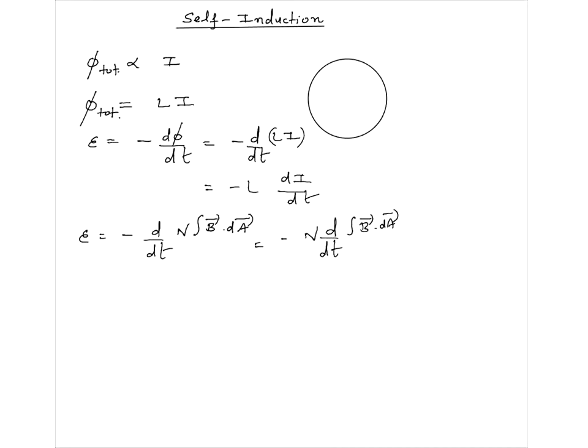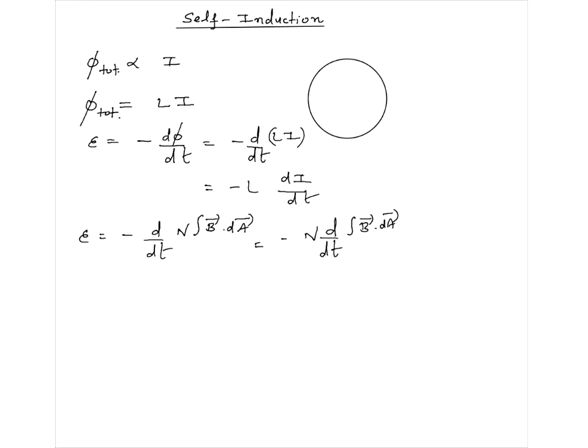So we can also say that flux is proportional to current. So we introduce a constant to get rid of proportionality sign. That constant is L. That L is called self-inductance.